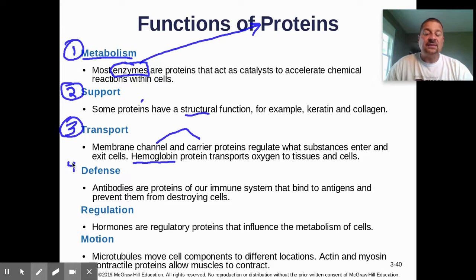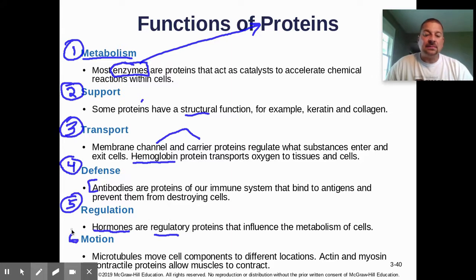Number 4, defense. Antibodies, which are used by our immune system, bind to antigens of invaders and help neutralize them and keep them from damaging our tissues. Number 5, regulation. Some hormones are proteins that have regulatory functions, like insulin, a protein hormone that controls our blood sugar levels.